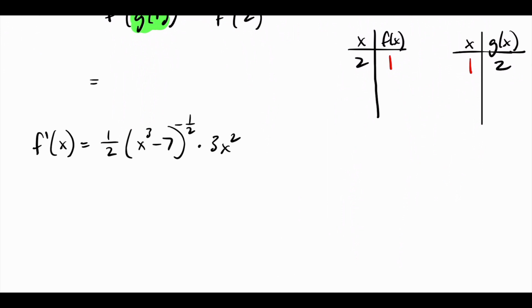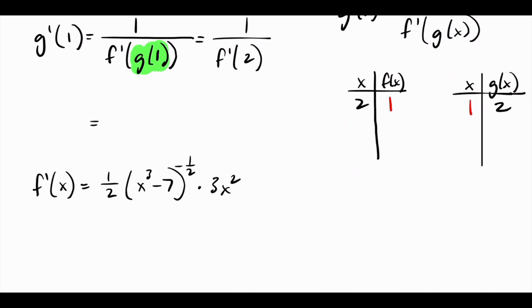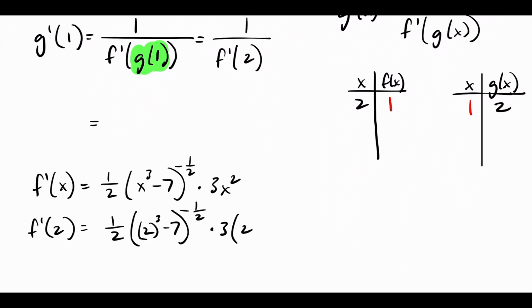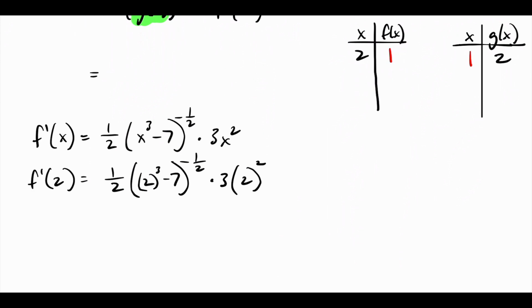Now, I don't need to clean it up because they're not asking for the derivative. They're asking me, okay, once you find the derivative, plug in 2. So I'm going to plug in 2. 2 cubed minus 7 to the negative 1/2 times 3 times 2 squared. What do I get as an answer?